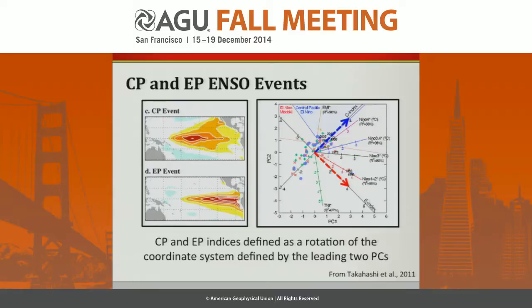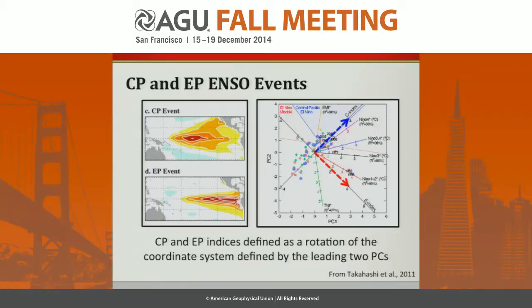So Takahashi, 2011, took a look at central and E-specific ENSO events in terms of a rotated phase space between the EOF1 and EOF2 directions. And on the right, you see the figure from Takahashi 2011, which shows the E index, the E-specific index, and the C index, the Central Pacific index. And so the Central Pacific index is defined as the sum of the first and the second EOF.